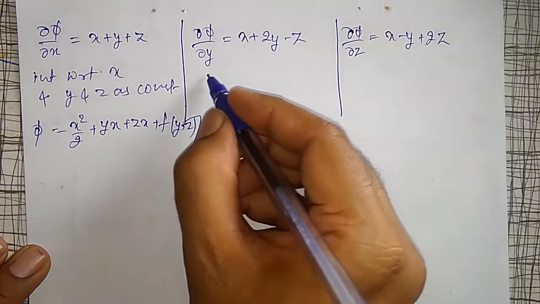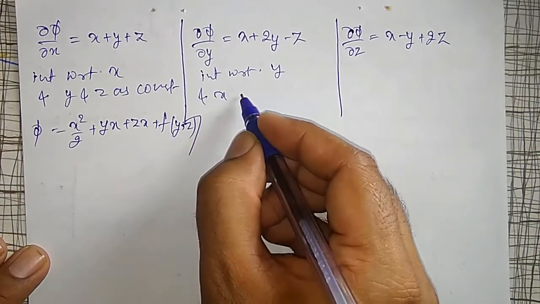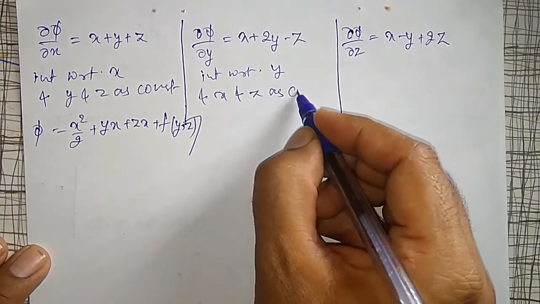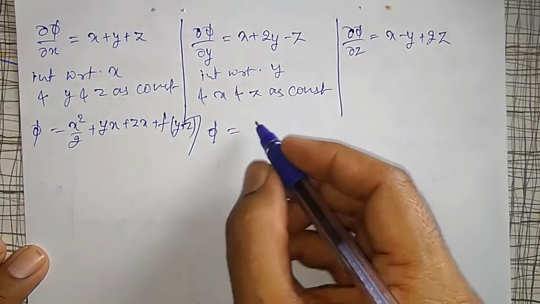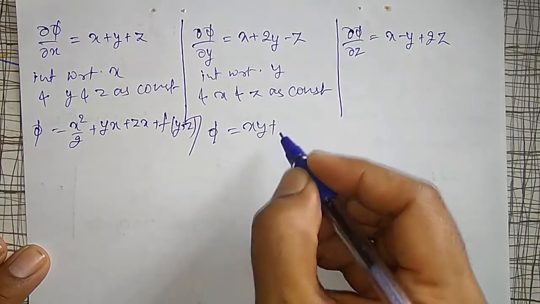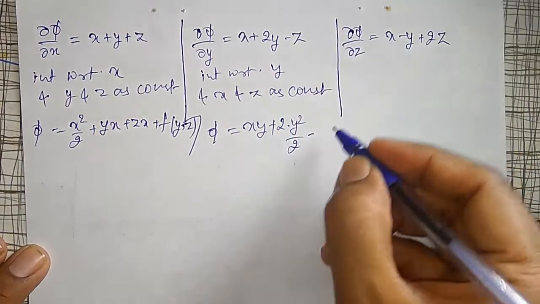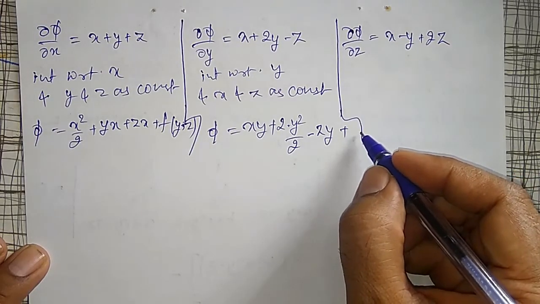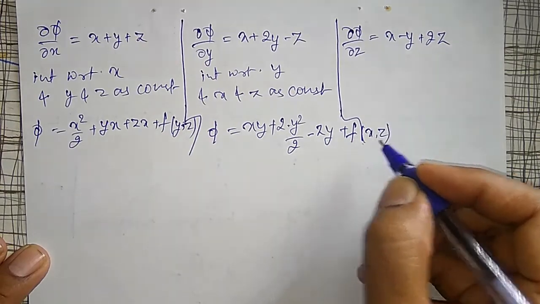Like that, I integrate the second with respect to y, treating x and z as constants. Therefore phi equals xy plus 2 into y square divided by 2 minus zy plus some constant of integration, which I will write as f of x comma z.